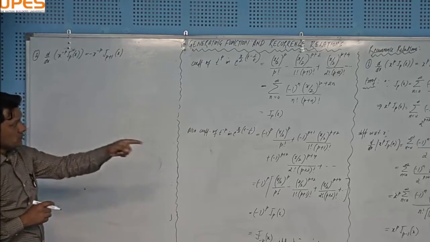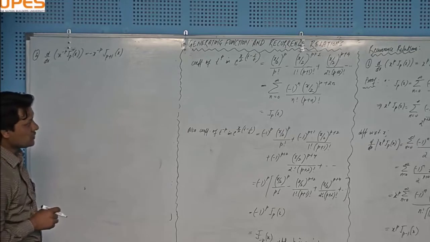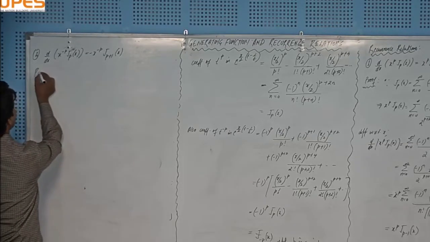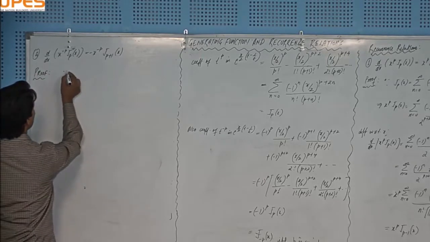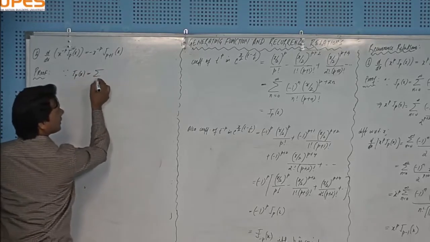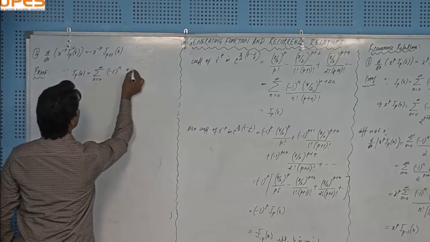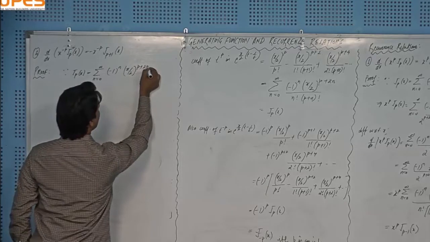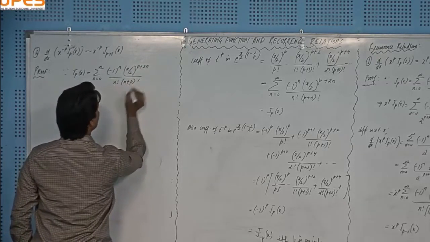So I will be writing a proof exactly similar to that one. Multiplying with x to the power minus p, starting with that proof. So this is your J_p(x): summation n equal to 0 to infinity, minus 1 to the power n, (x by 2) to the power 2n plus p, divided by n factorial and (n plus p) whole factorial, right?